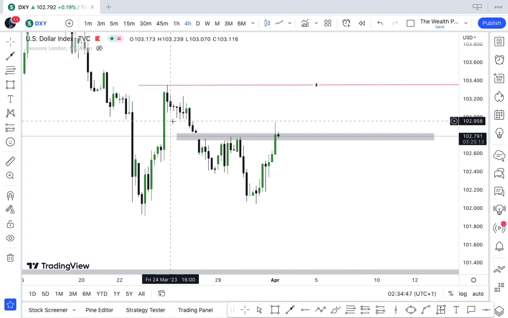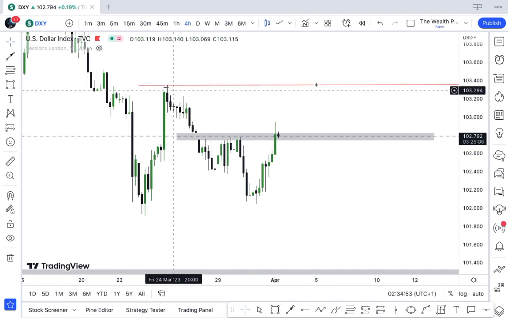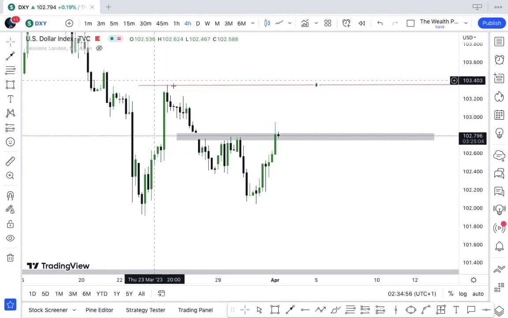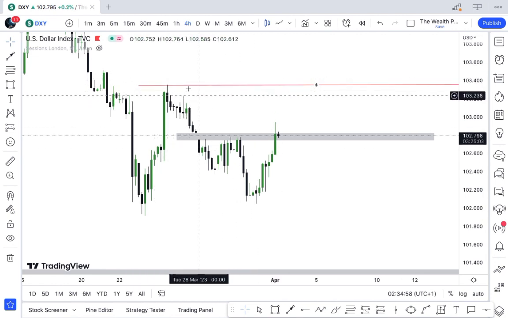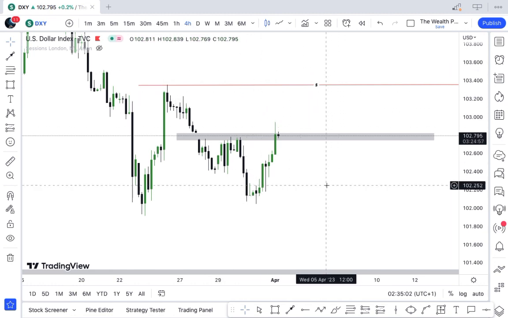In the academy, this is where I'm going to be looking more, as our level of reaction, and price taking out liquidity and then reversing.